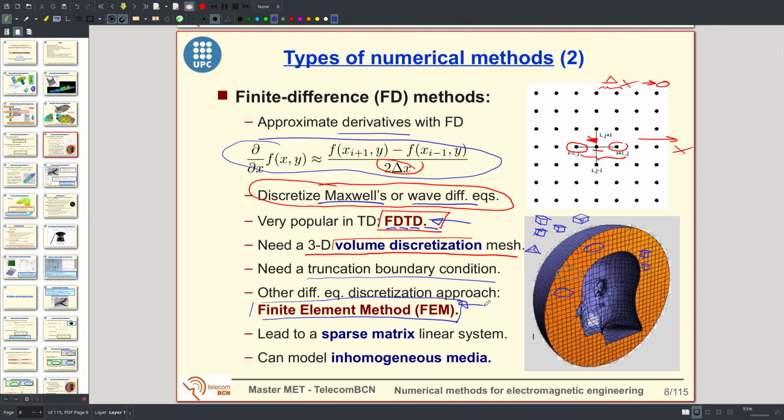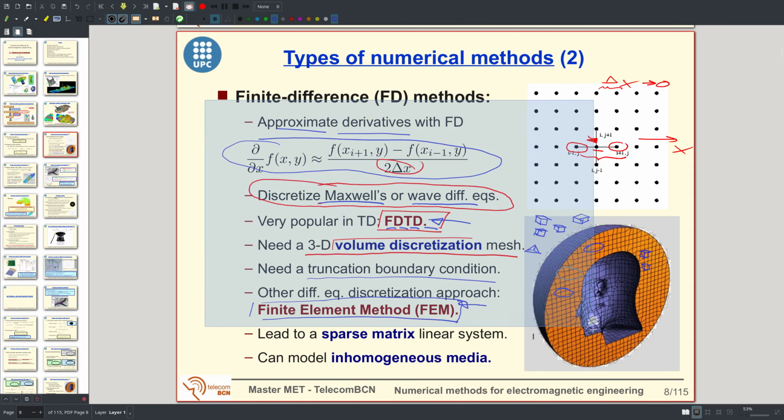It is very common in civil engineering to model structures, in fluid dynamics, in thermal modeling, in physics, and of course it can also be applied in electromagnetics, and since it is a finite difference method, I include it in this slide. All these finite element methods are based on the approximation of derivatives with finite differences, so they relate.